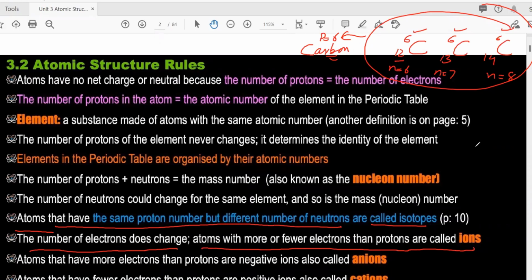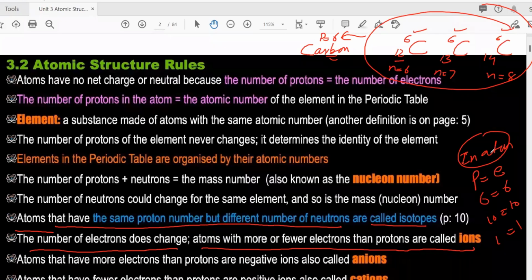We talk about atoms. We said that in an atom, the number of protons is always equal to the number of electrons. If it is 6, it is 6. If it is 10, it is 10. If it is 1, it is 1. But in what? In an atom. But you know that during bonding, especially ionic bonding, what happens?